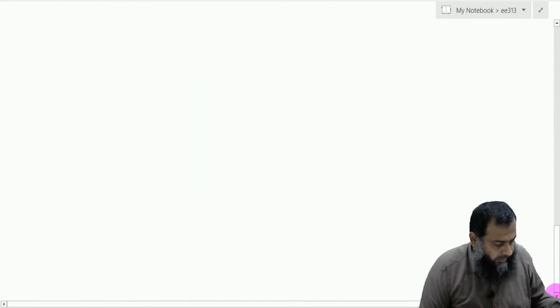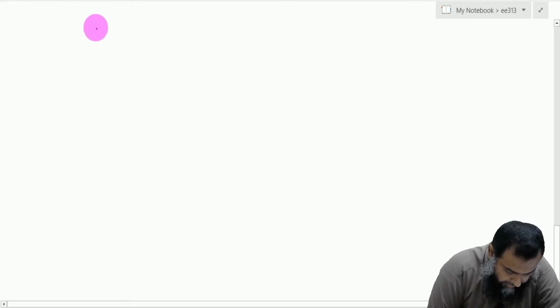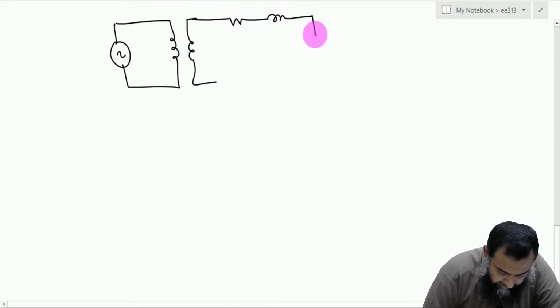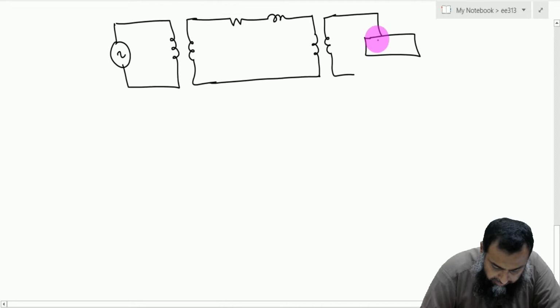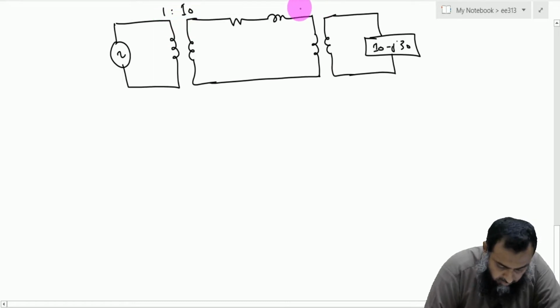Suppose we have a transmission line that has a transformer connected with the generator. After this, we have a transmission line which is again terminated on a transformer, and after the transformer we have a load which is 10 minus J30. Let us say this transformer has a turn ratio 1:10, and here we have a turn ratio 20:1.